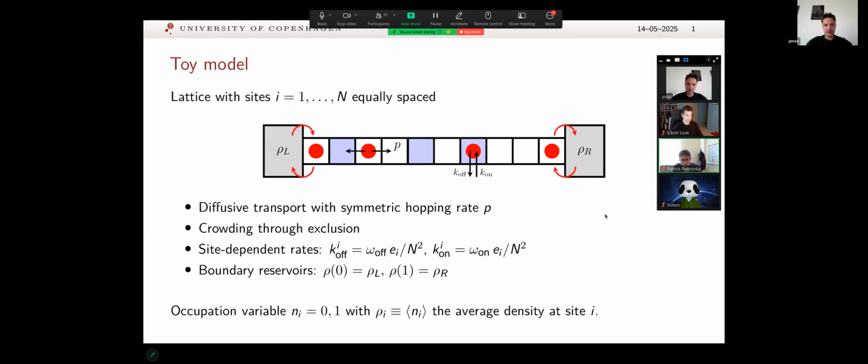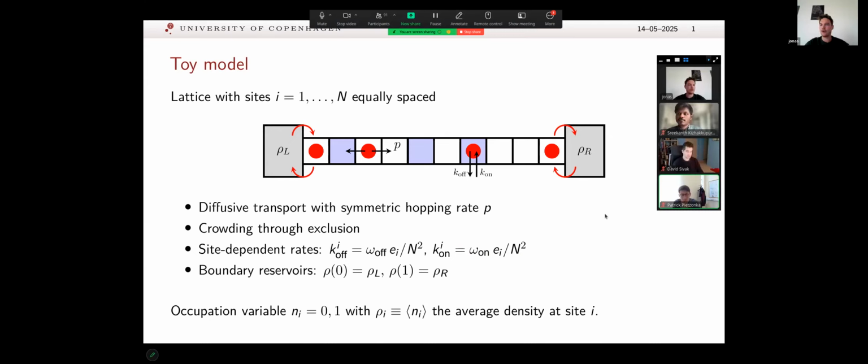Good. So what we did in Copenhagen, in the group of Karel Proesmans, we basically wanted to study a simple toy model where we would have access to all the statistical moments, so we could characterize fluctuations as well. So we basically built a simple symmetric exclusion process with reaction kinetics in the bulk. So what this means is that we have particle hopping on a lattice with an exclusion-based interaction and nothing else.